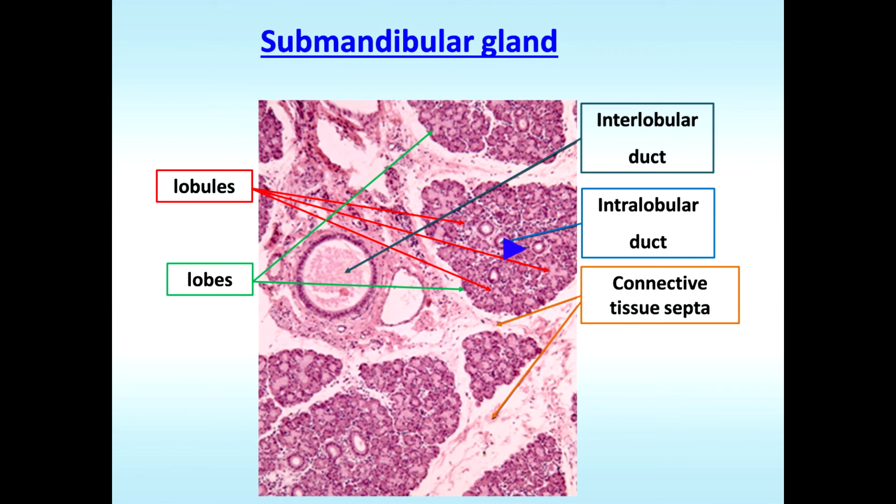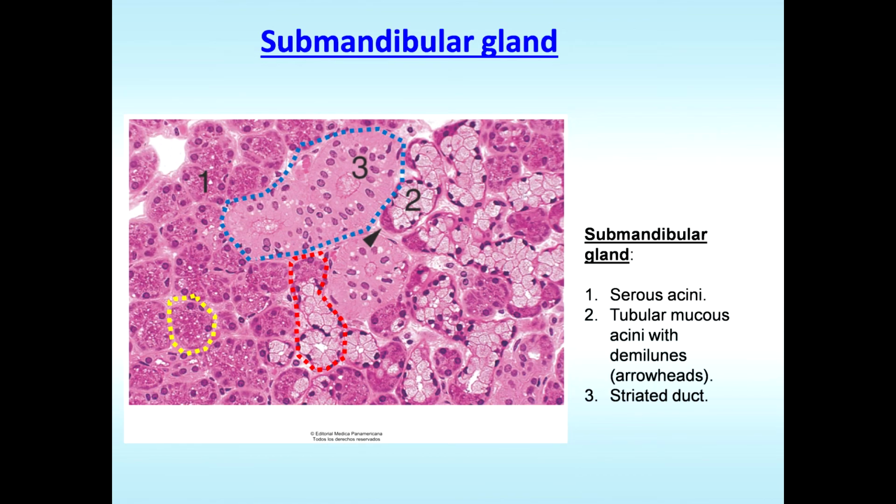Then, within the lobule, we can see several intralobular ducts. If we have a look at the submandibular gland with higher magnification, as we have in this picture, the first thing that we can observe is the following. On the left-hand side of the picture, there are a number of well-stained acini, which are diffuse serous secreting acini.